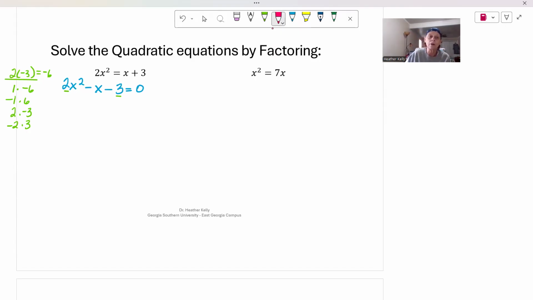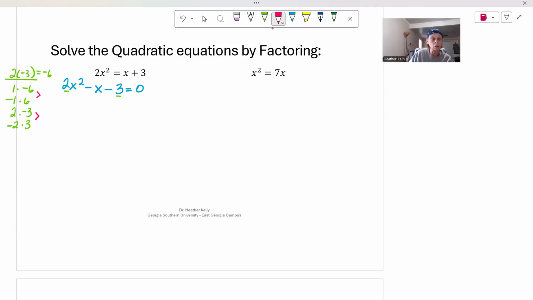Notice that each pair is going to be listed twice because of the sign situation, right? Because the 2 could be positive and the 3 could be negative, or the 2 is negative and the 3 is positive. So you need to throw down all of your options if that's what you choose to do.